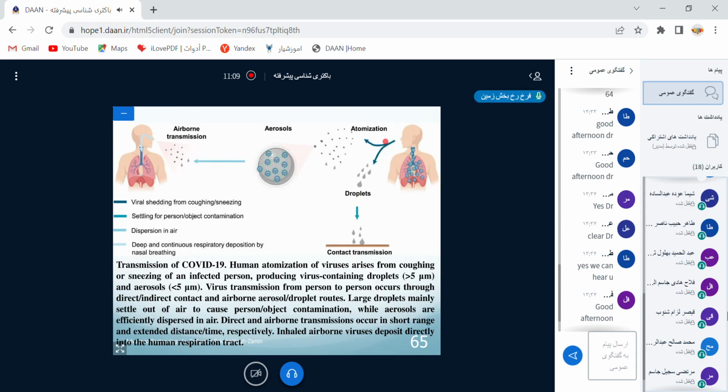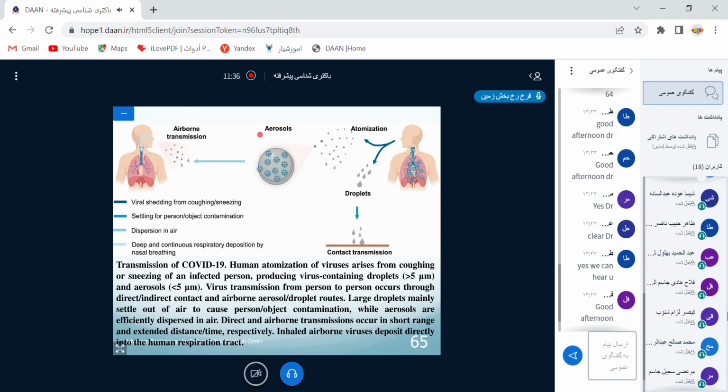If these things coming out from coughing and sneezing are larger than 5 micrometers, we call them droplets. If the size is less than 5 micrometers, we call them aerosols.